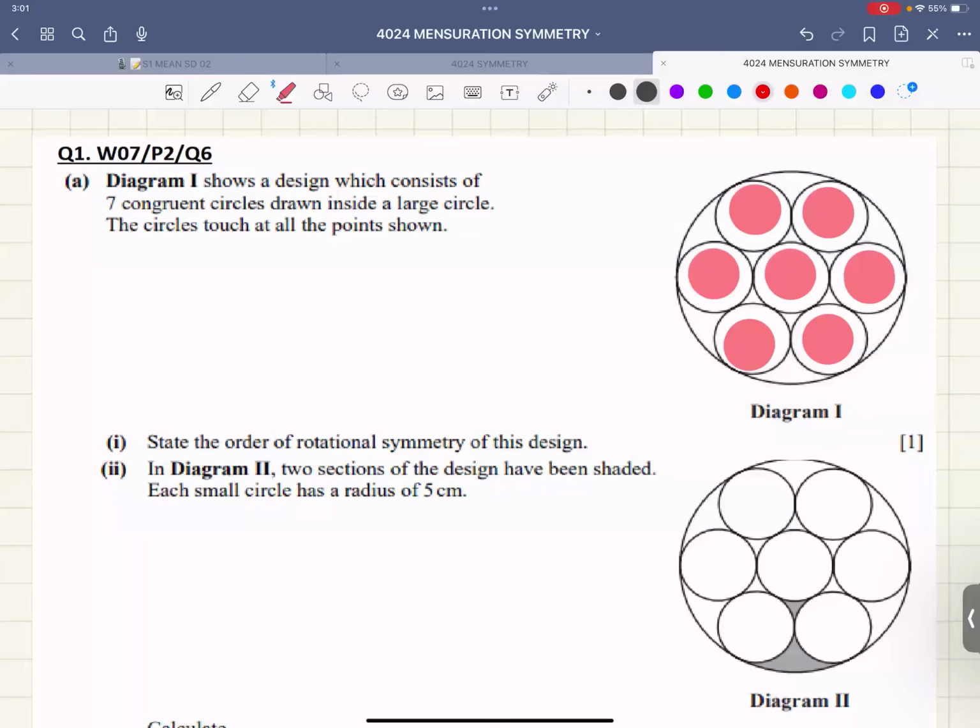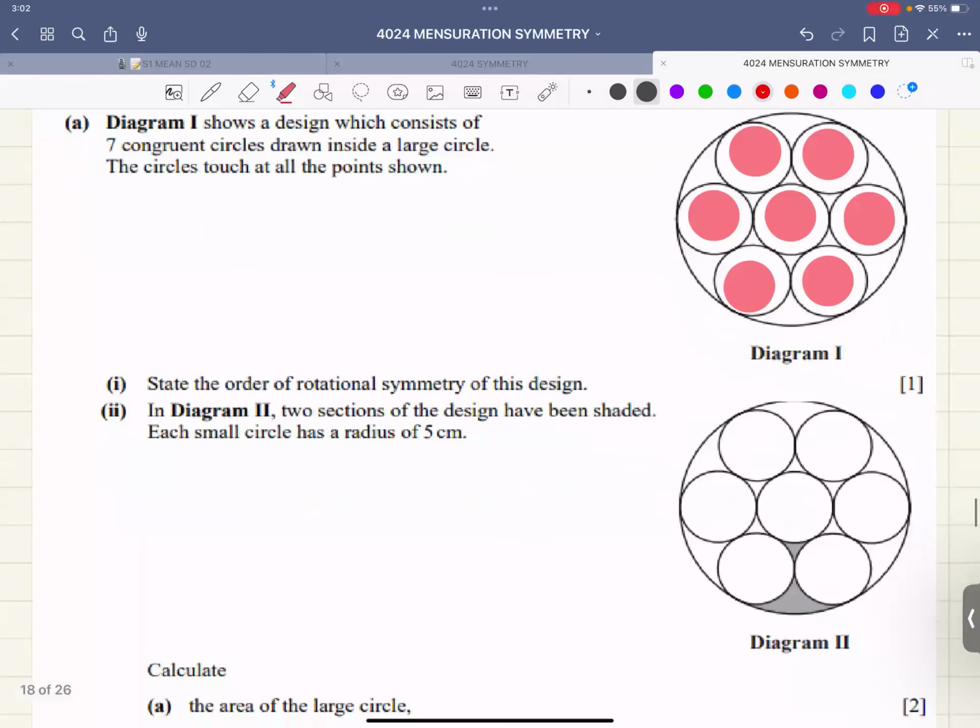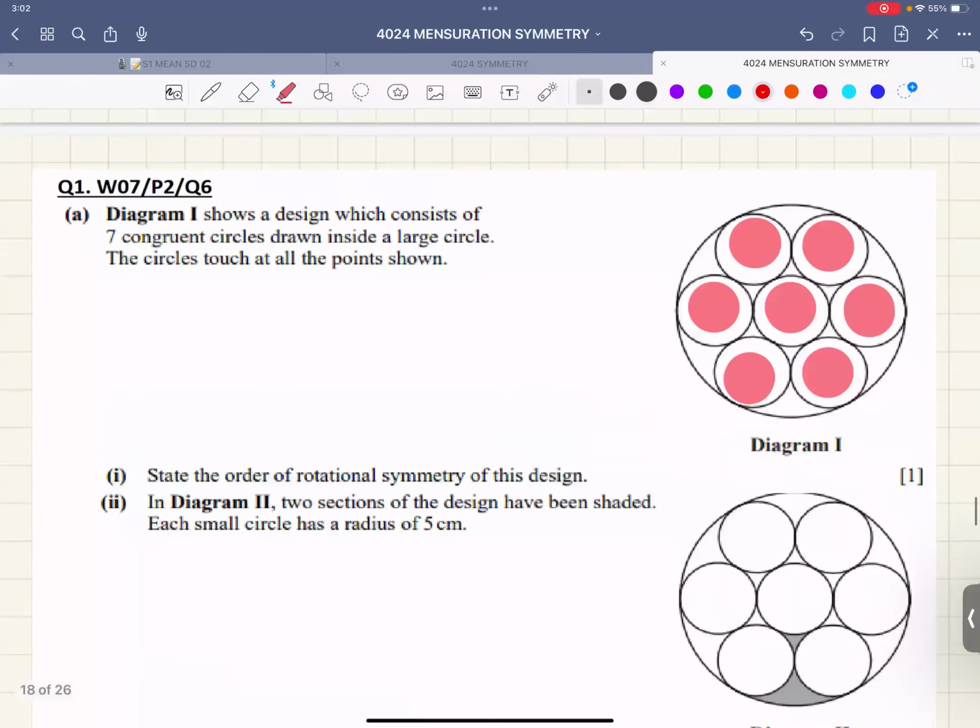They all are congruent. The circles touch at all points shown. State the order of rotational symmetry. So basically, the order of rotational symmetry is like 1, 2, 3, 4, 5, 6. This middle one is like the axis in the middle. So order of rotational symmetry is 6.